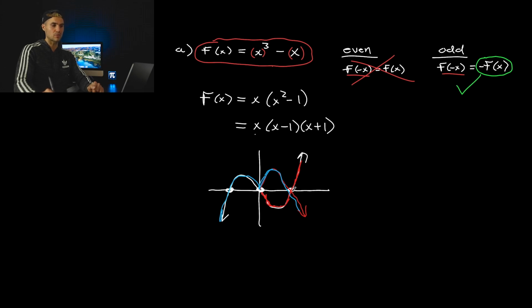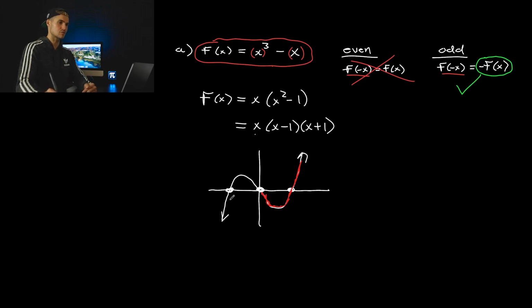Same thing if you went the other way. If I took this half and reflected it about the y-axis first, I would end up with this, and then if I reflected about the x-axis, I'd end up with this other half right there. And so when that's happening graphically, then we know it's an odd function. So again, not as important, but in case you're wondering, that's basically how it looks.